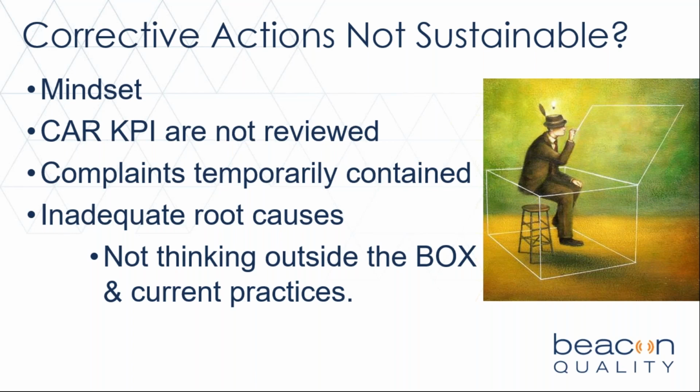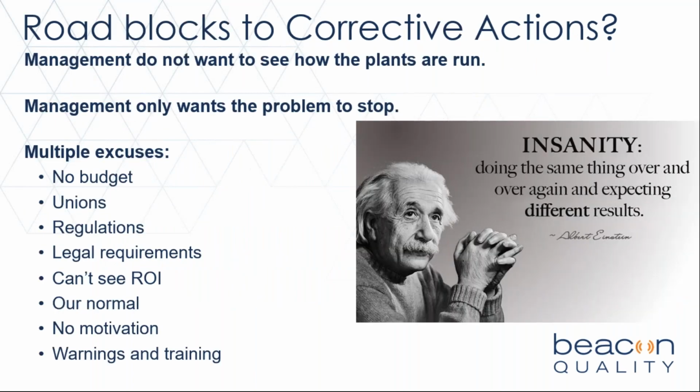There could be multiple factors. So we need to change our culture with our management, the people we work with, so that we think outside the box of our current practices, because why are our current practices not working? Next slide.